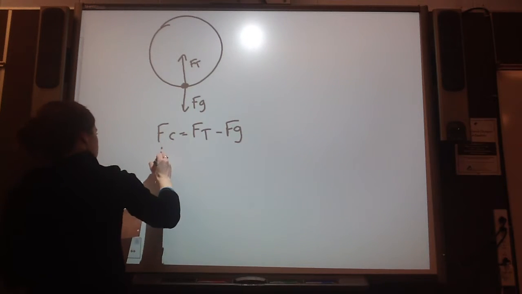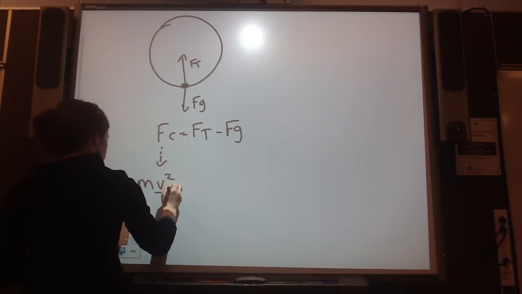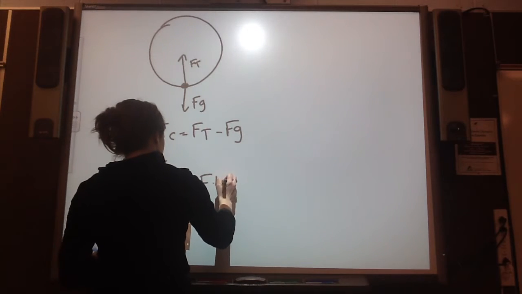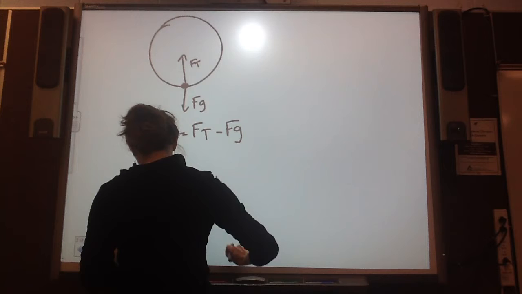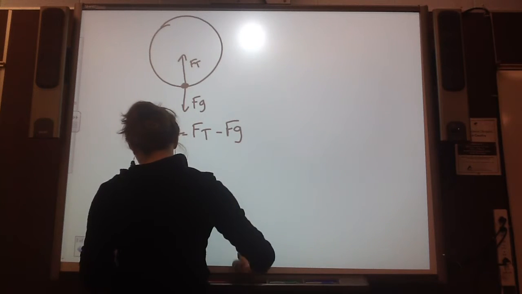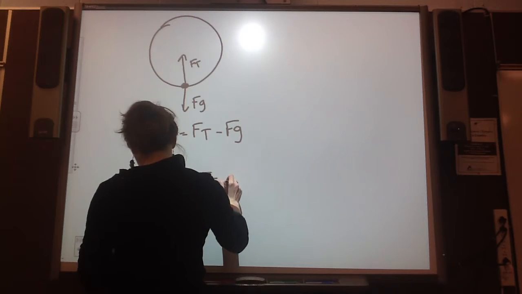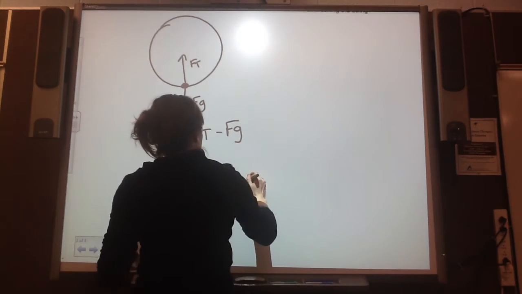So I can set Fc equal to m times v squared over r. And Ft is what I know, because I'm trying to find out v, sorry. And I can set Fg equal to m times g.